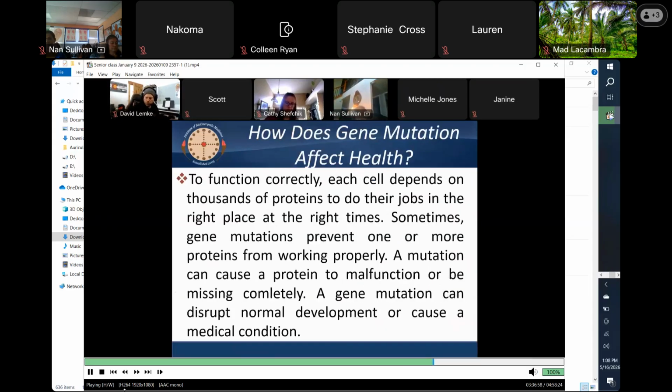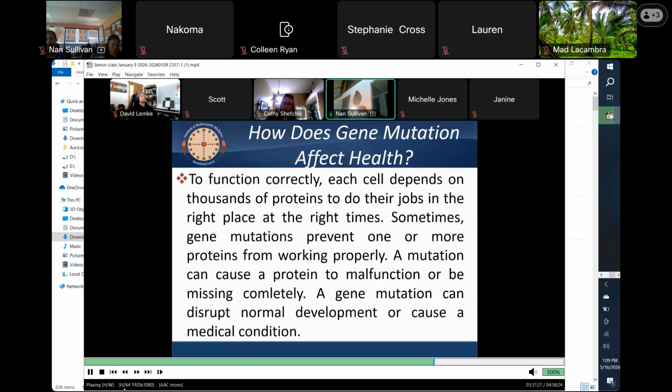How does gene mutation affect health? To function correctly, each cell depends on thousands of proteins to do their jobs in the right place at the right times. Sometimes gene mutations prevent one or more proteins from working properly. A mutation may cause a protein to malfunction or be missing completely.